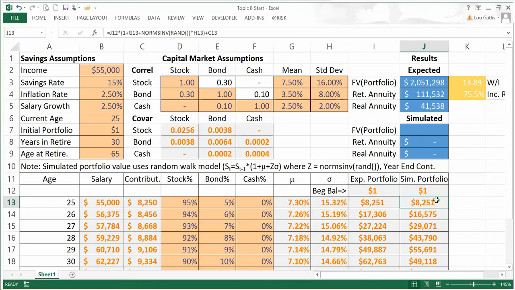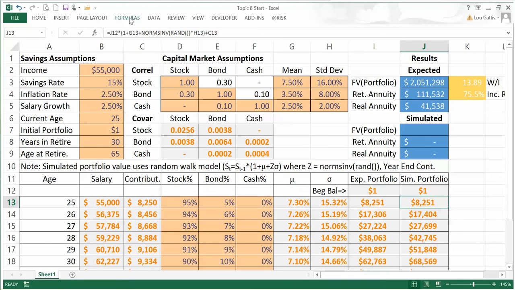So when I do that and copy this formula down, every time I hit Control 9 or my function F9, I get a new value. So every time I hit enter, I get a new value.